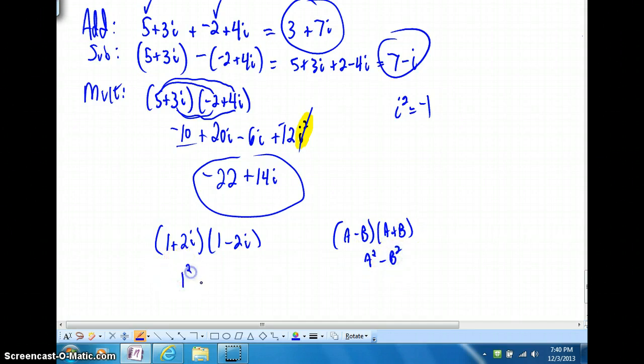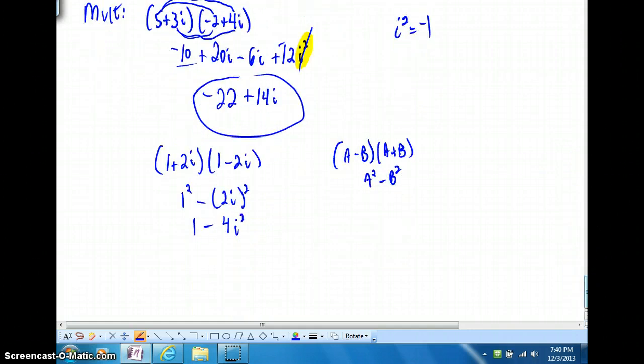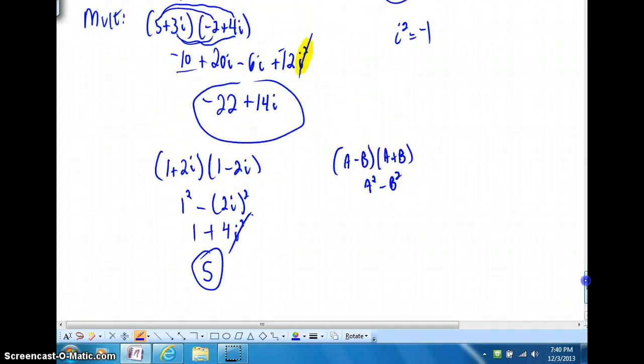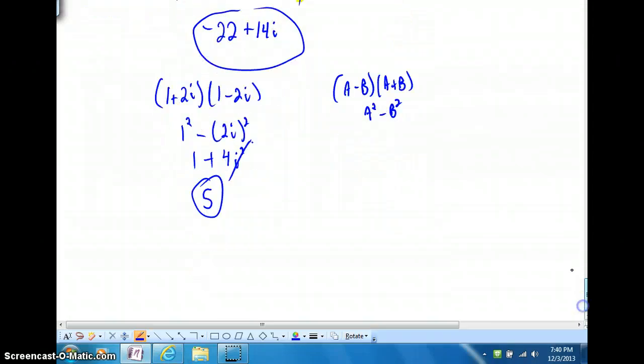This would be 1 squared minus 2i squared. Well, what is 2i squared? 4i squared. Like we were just saying a moment ago, you could cross out the i squared, change the sign, 1 plus 4. Hey, look at that. Two complex numbers actually are going to multiply out to just a real number.